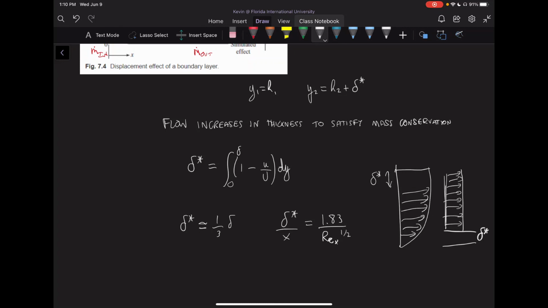And this would give us the same mathematical representation of our flow.